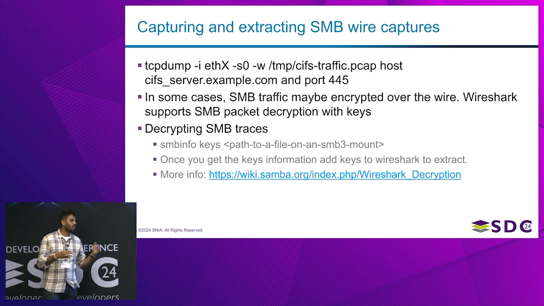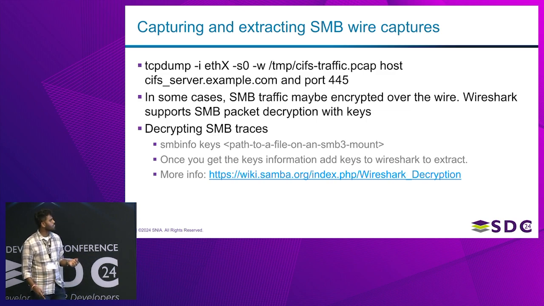With that, you can enter those keys into Wireshark, and then you would be able to see the decrypted traces. More information is present in the wiki I've highlighted in the slide. You can take a look at that.